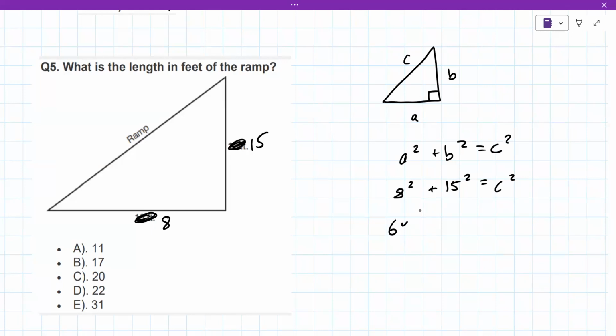64. Good. 225. Okay. Add those together. 289. Good. Now, do any of these answers multiplied together give you 289?